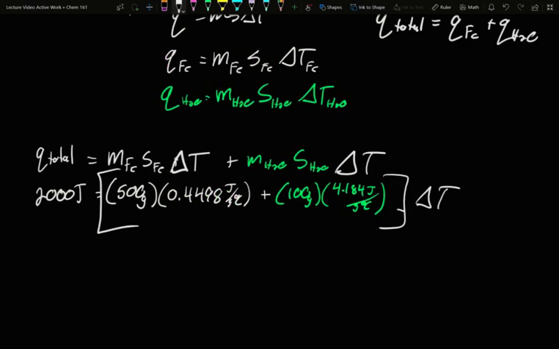Do a little bit of math. 500 times 0.4498. We'll find that there's 224.5 joules per degree Celsius. The grams will have canceled when we multiplied. Plus 418.4 joules per degree Celsius.